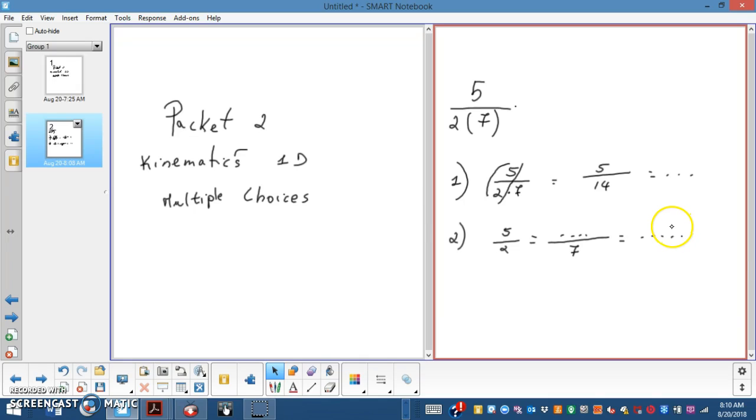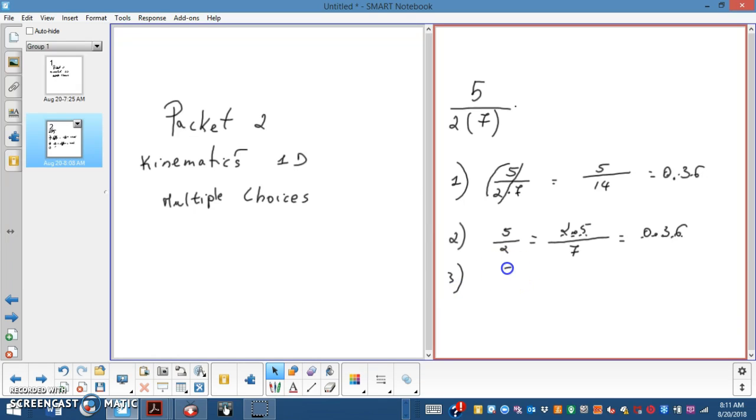For example, 5 divided by a straight 14 is 0.36 if we round up. In this case, instead, 5 divided by 2 is 2.5, and then you take 2.5 and divide this number by 7. You still have 0.36.